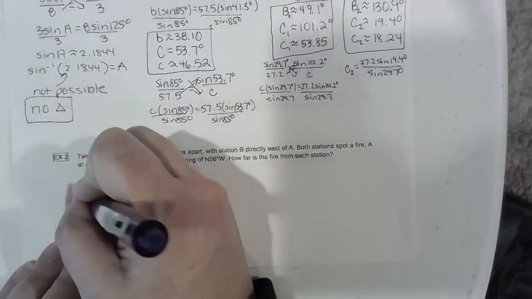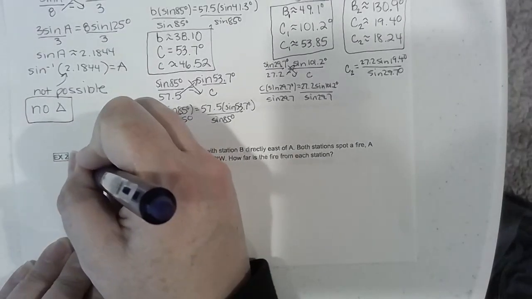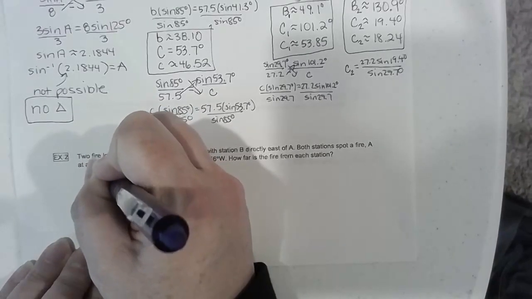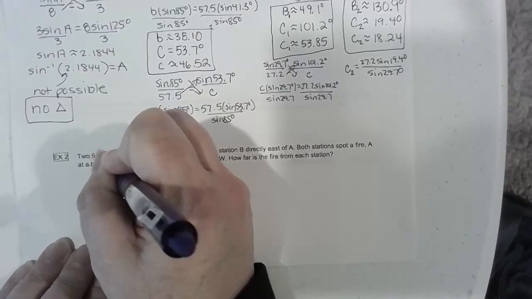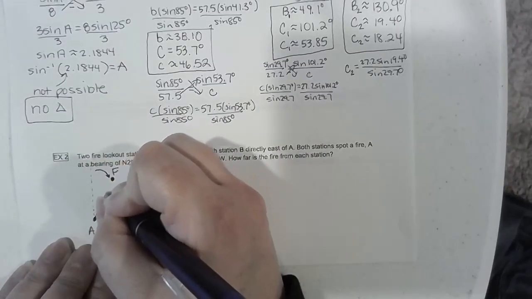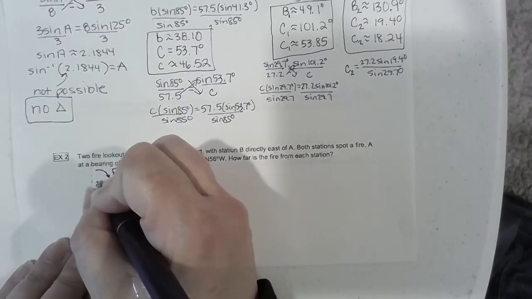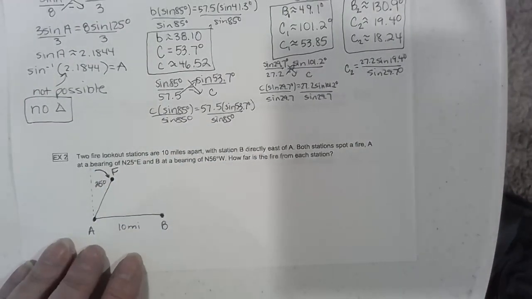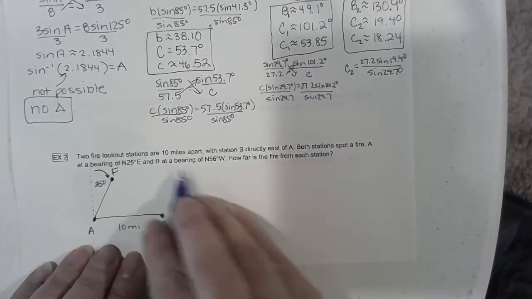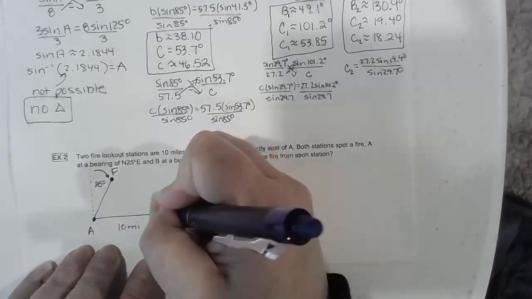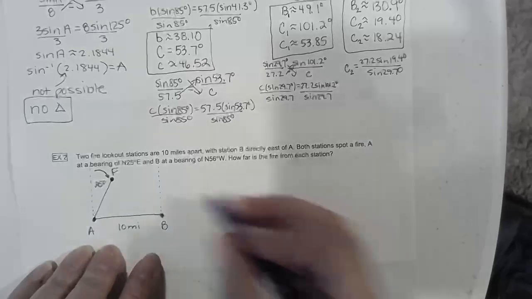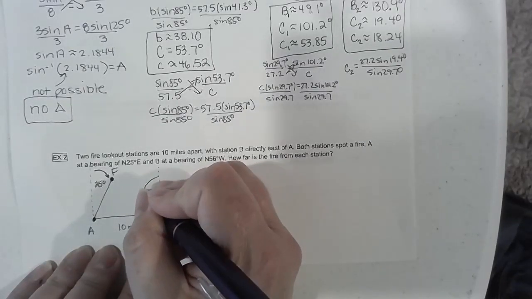So heading north, turning 25 degrees to the east. So we're going to make this guy fire. So this is 25 degrees. Then the Station B sees it at a bearing of north 56 degrees west.